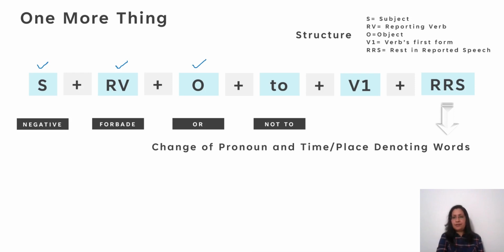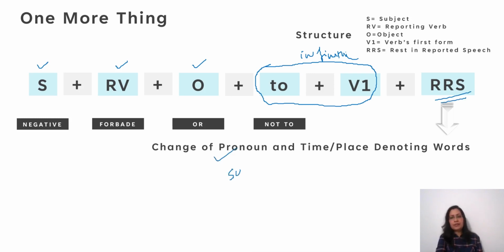There's the object, and there is the to plus v1 form, or the to plus verb, that is the infinitive form of the verb that is used. And the rest of the sentence is in reported speech, which consists of the change of the pronoun using the SON formula and update of the time and place denoting words, which we have already studied in our previous slides.